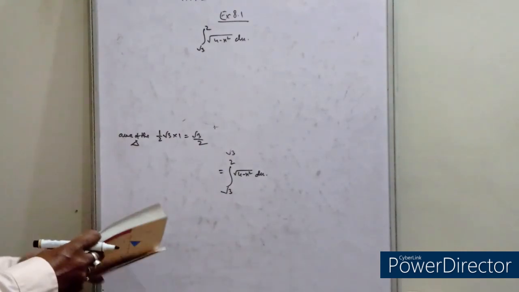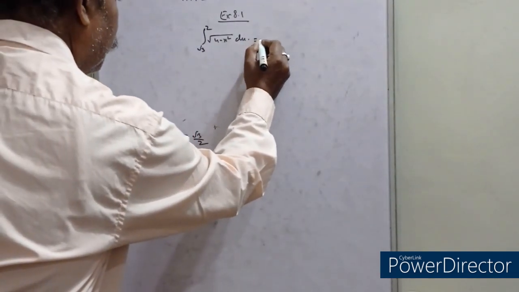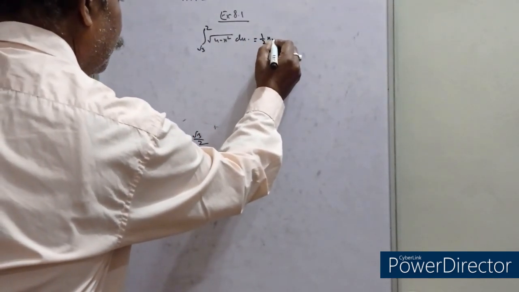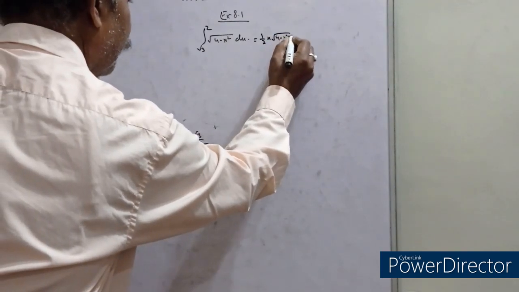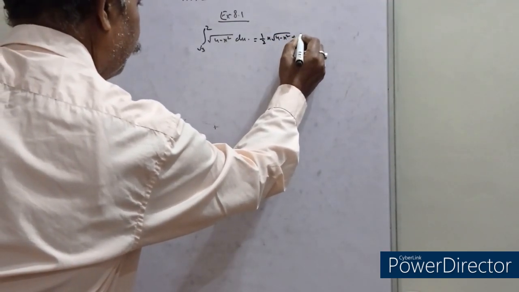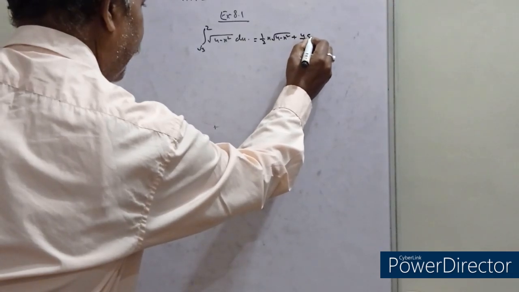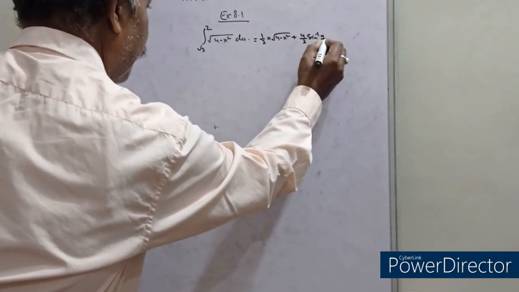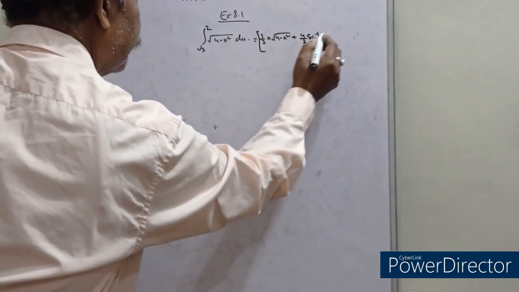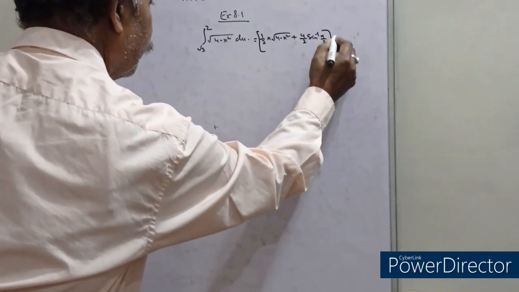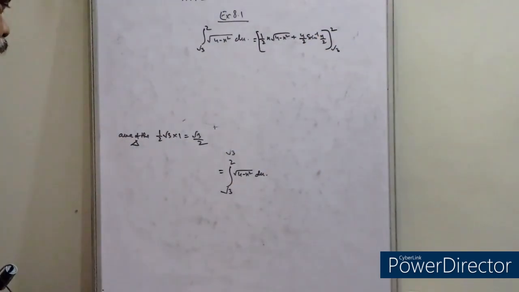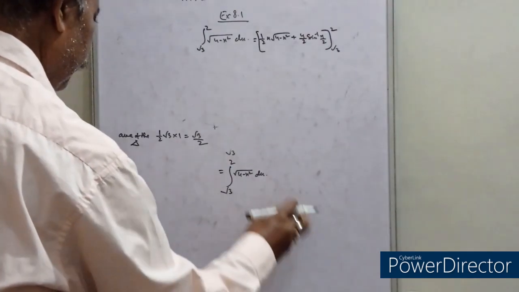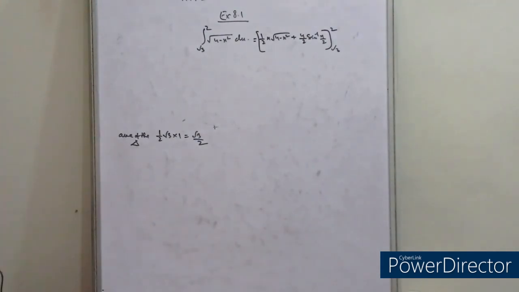This will be equal to 1 by 2 x root over 4 minus x square plus 4 by 2 sine inverse x by 2, because this is from root 3 to 2.